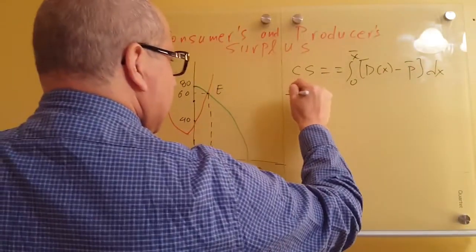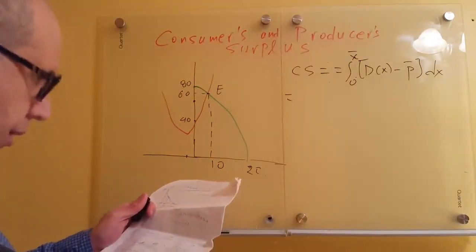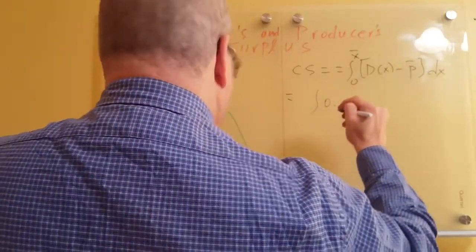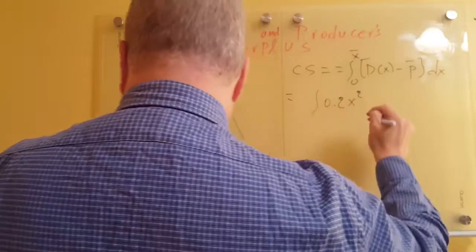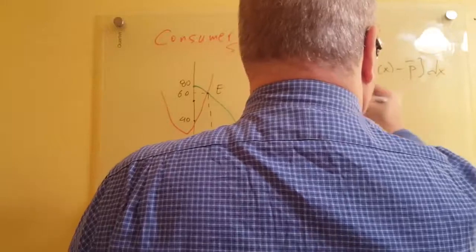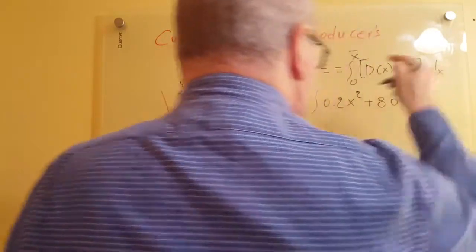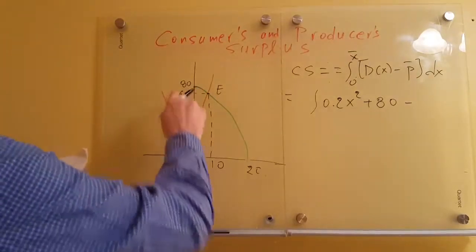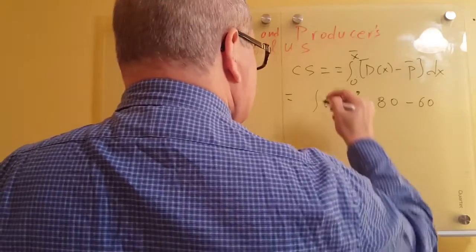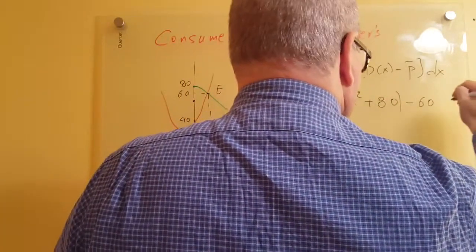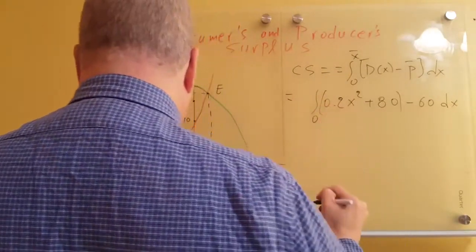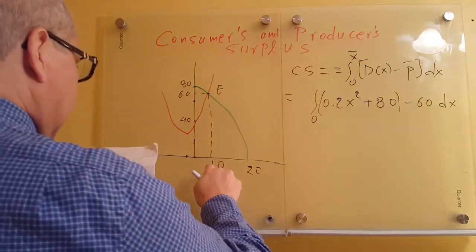So in our case, like we said, the price demand equation was 0.2x squared plus 80, minus the bar price, which is 60, and that has to be integrated, of course, with respect to dx, from 0 to bar x, which is 10.